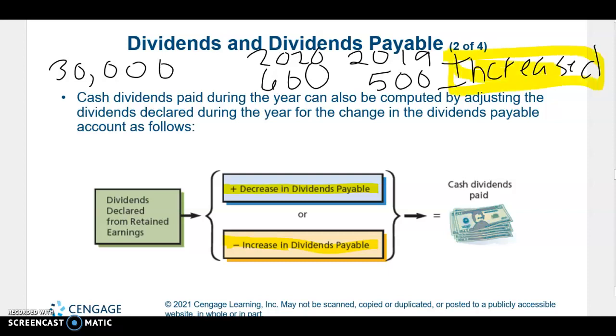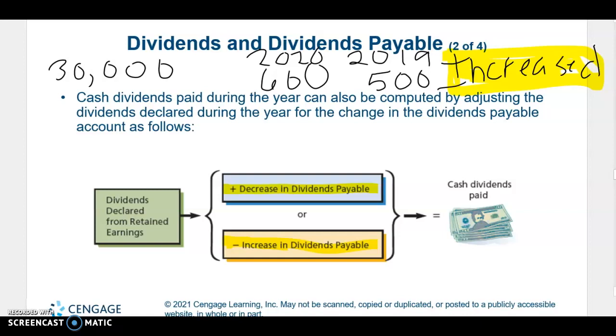That is because we didn't pay everything we owed. So that means we held on to our cash. So if we held on to our cash, then we need to subtract out what we held on to from that $30,000. Because we didn't pay it all. We paid it all except for the $100.